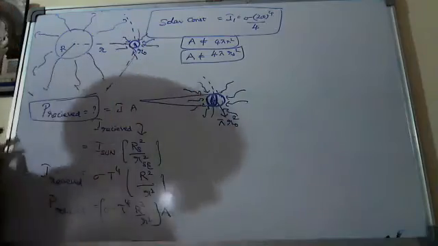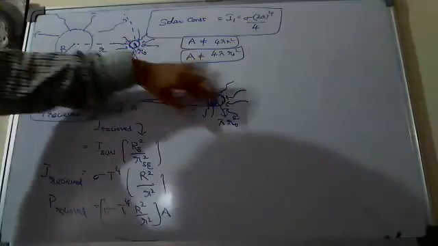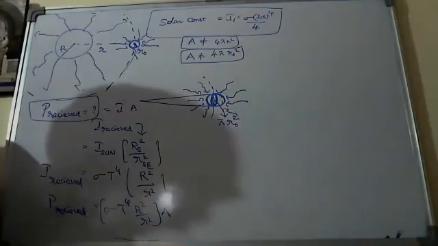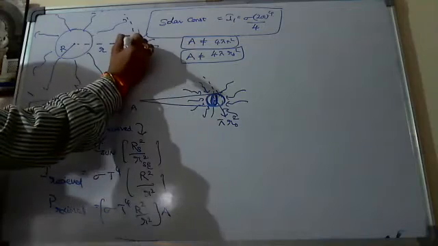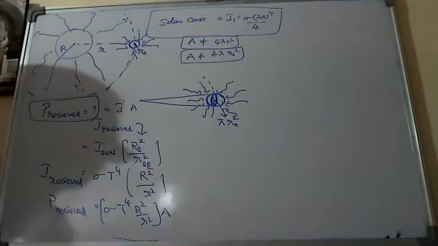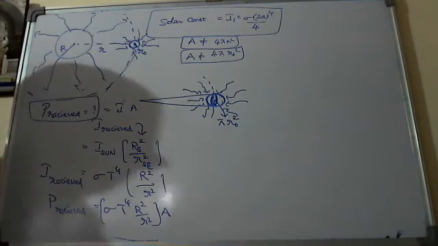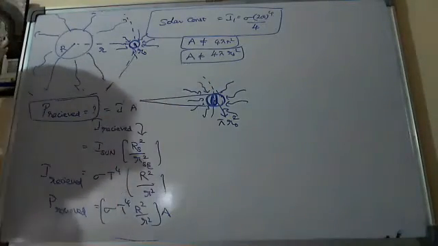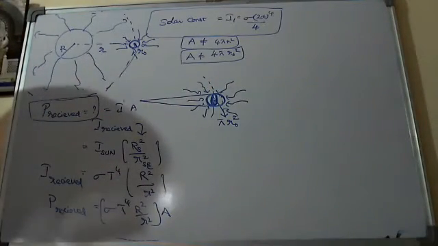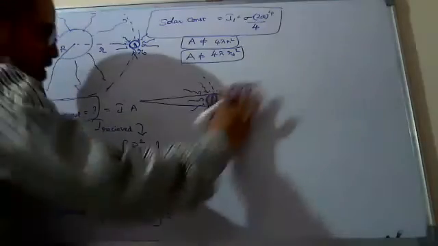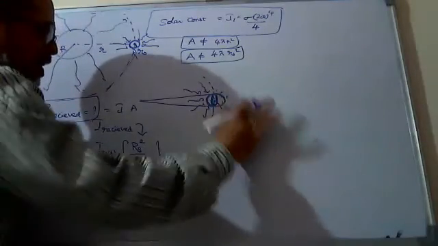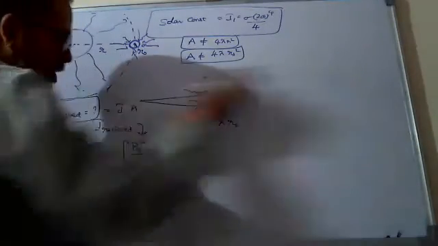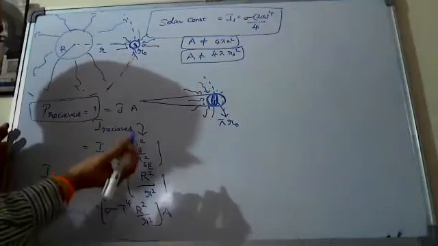Initially, he told very wisely, neglect the rotation of the earth. So don't argue, sir, the earth is rotating like this, so all directions it is receiving. No. Neglect the rotation of the earth. So from these sides, it is not receiving the radiation. Why? Because the sun is not there. The sun is here only at one instant.